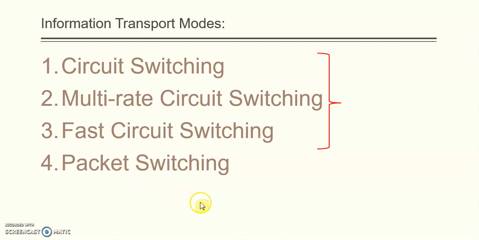Another disadvantage of packet switching is that in any practical statistical multiplexer, the buffer size will be finite or limited. Now, since there is no admission control in packet switching or in statistical multiplexing, it may so happen that the buffer may get full, and when the buffer gets full, the packet may also get dropped.